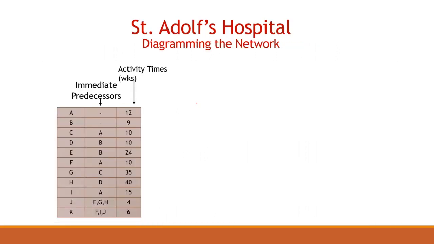Here they mentioned the task, the interdependencies, and the activity diagram. Activity A does not have any dependencies. Task B also does not have any dependencies, so we can start A and B at the starting time.